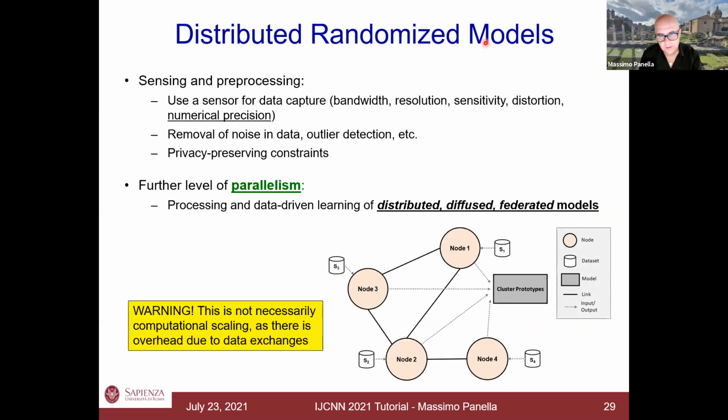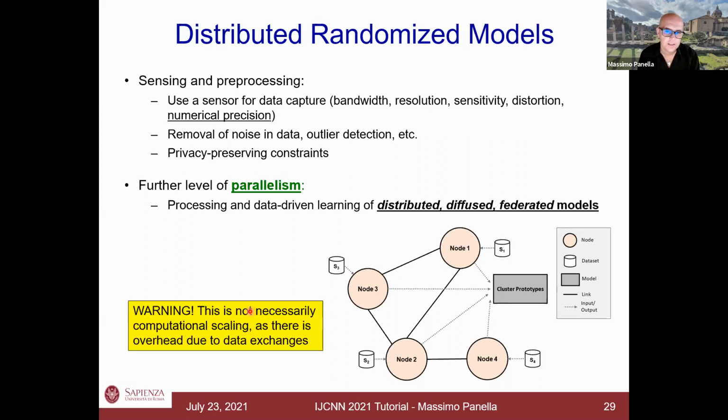Distributed randomized models are models where there is not a centralized authority that collects all data and produces a result, but data are left locally to the sensors, to the node, and nodes can exchange among their neighbors only a few model parameters, not data. And this is very interesting with respect to privacy preserving issues, which is a very sensitive problem.